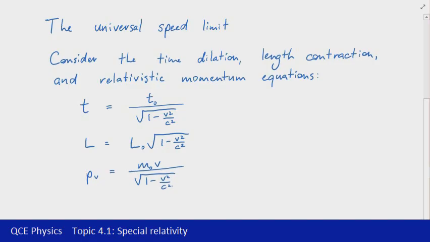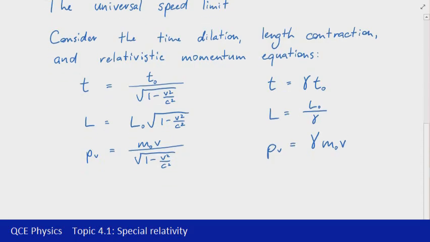Now, you'll often see these summarized in these forms. t is equal to gamma multiplied by t naught. L is equal to L naught divided by gamma. And p is equal to gamma multiplied by m naught v. So they're the shortened versions, and we need to talk about what this factor of gamma is.